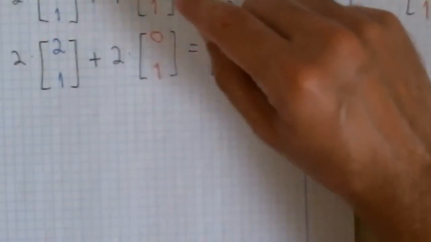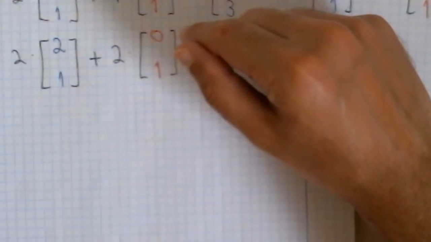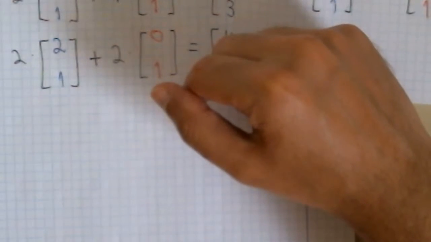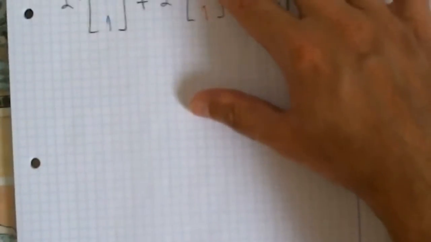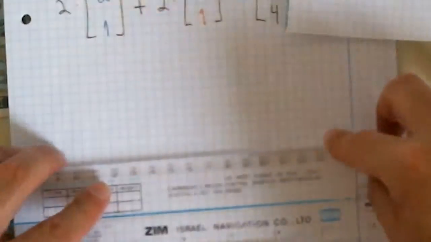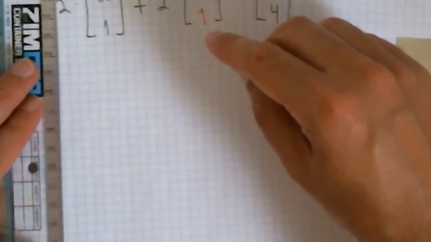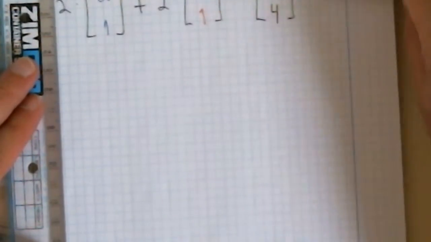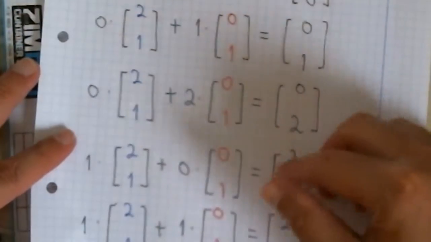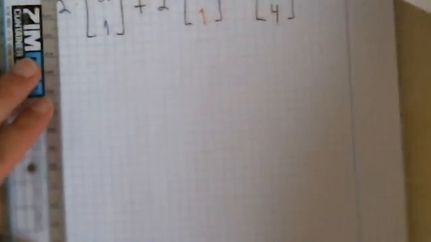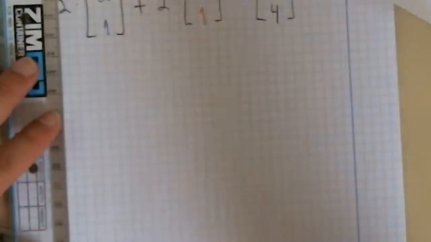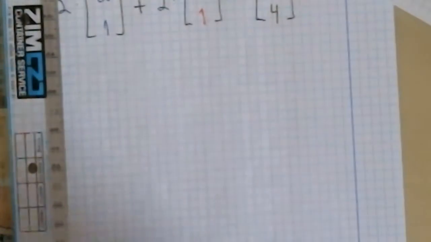The question asks us to draw them on the XY plane. So let's draw the XY plane. I'm not drawing it like this in the middle of the page. I'm drawing only the first quadrant because all the numbers that we have are 0 or more, so they are all positive. So I don't need to draw the negative quadrants.